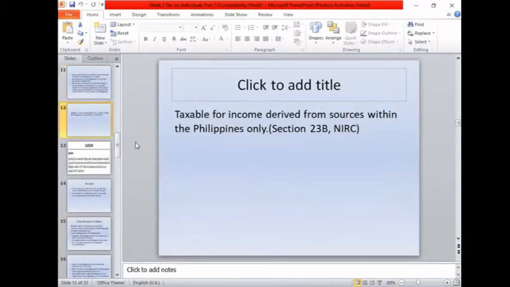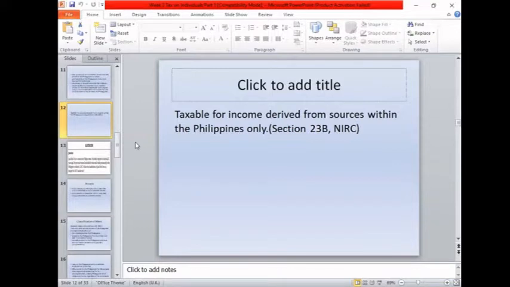Please take note that the non-resident citizen, under Section 23B of the National Internal Revenue Code, is subject to Philippine tax only on income in the Philippines.